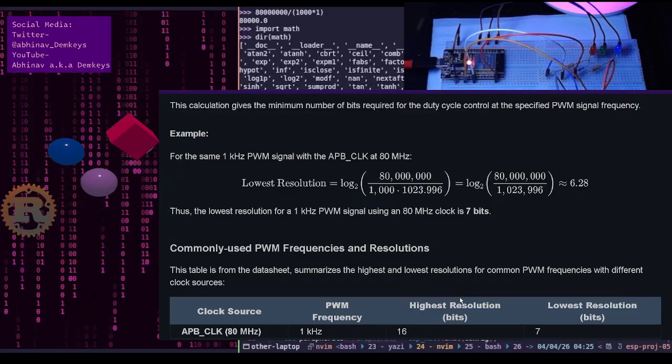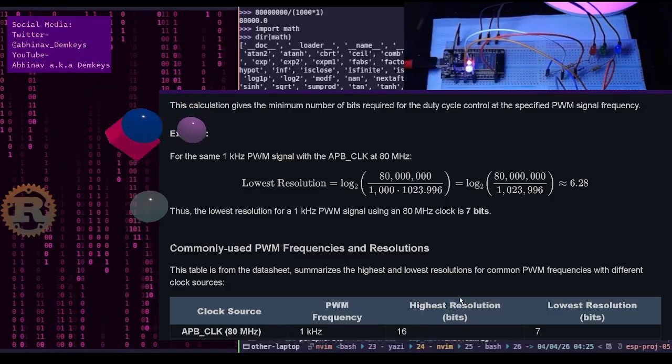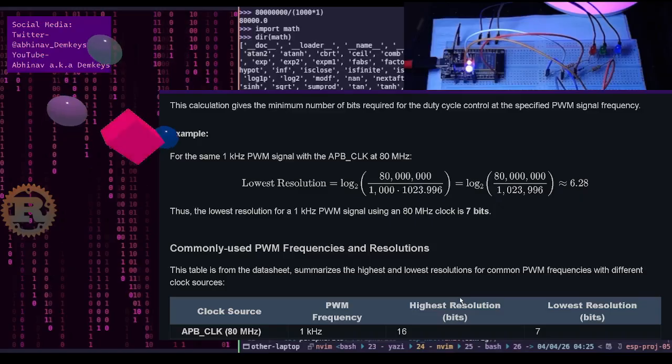Sorry, zoned out. Thus, the lowest resolution for a 1 kilohertz PWM signal using an 80 megahertz clock is 7 bits.